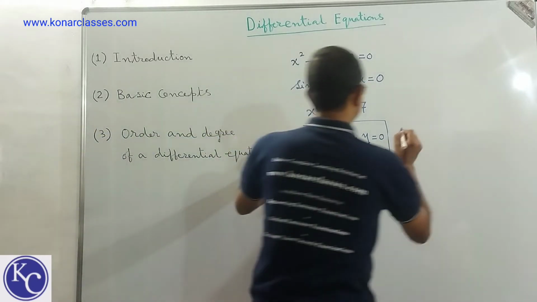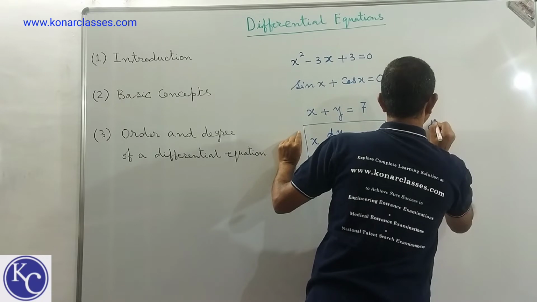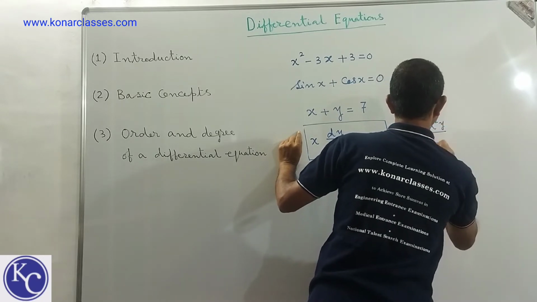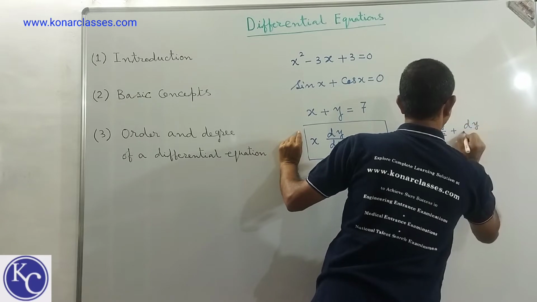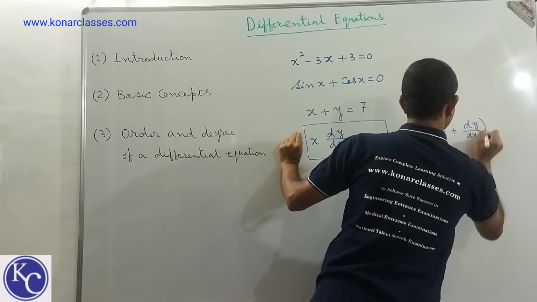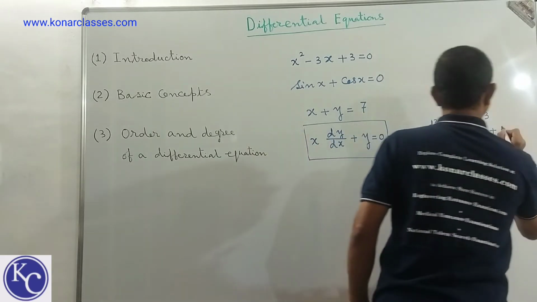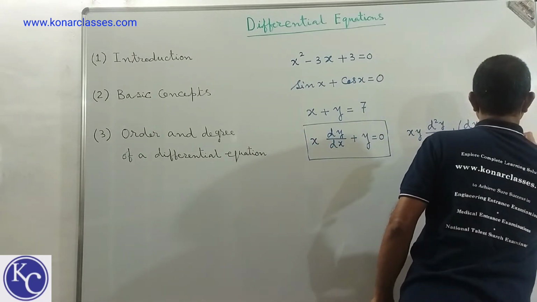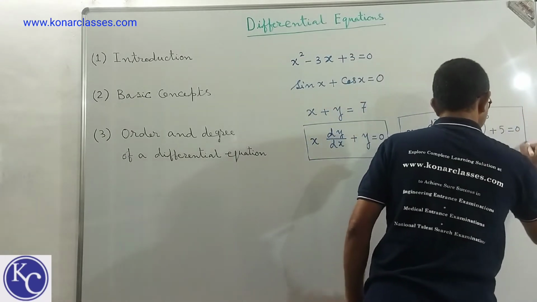Means I can say something like this, xy d2y/dx2 plus (dy/dx) power 3 plus 5 equal to 0. This is also a differential equation. Why is it a differential equation?